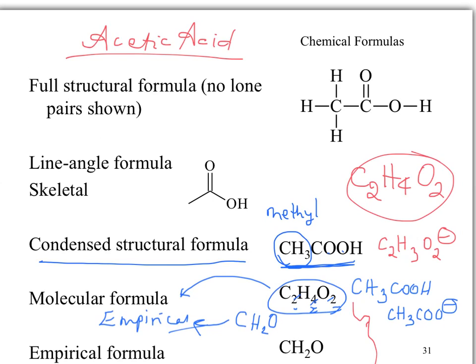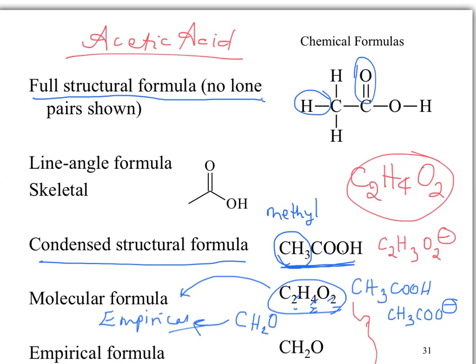But the complete idea is provided by the structural formula, or full structural formula, in which you are showing where the double bonds and single bonds are, and what is connected to what. Essentially, in a full structural formula, you're writing a Kekulé structure without the lone pairs of electrons, but showing where your double or triple bonds and single bonds are.